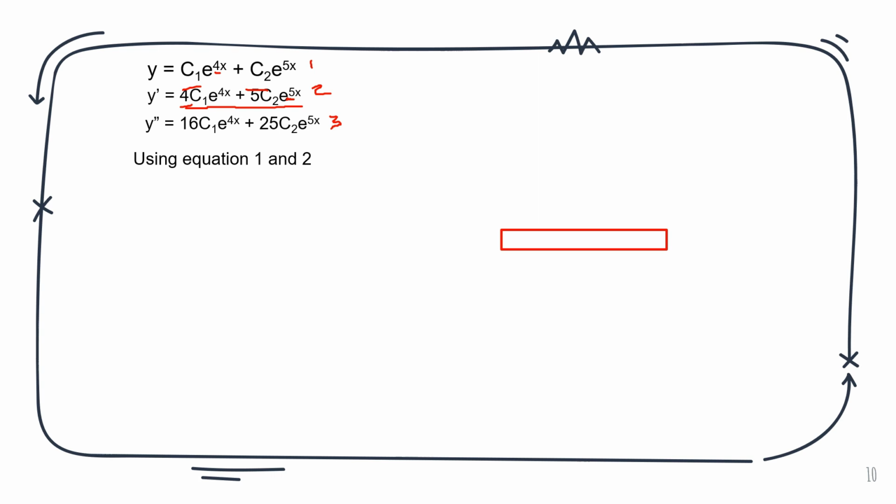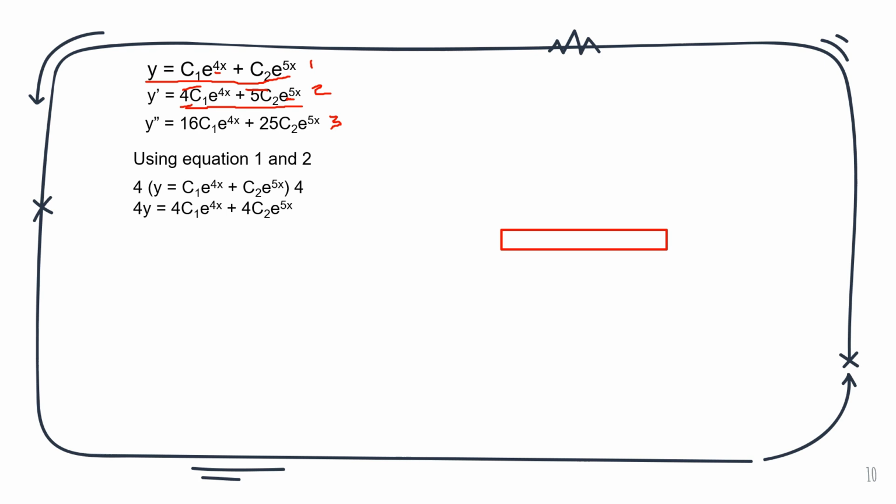So, using the first and second equation, para matanggal natin si c1, ang gagawin natin ay mumultiply natin by 4 itong buong first equation. So, ang mangyayari dyan ay magiging 4y is equal to 4 times c1 times e raised to 4x plus 4 times c2 times e raised to 5x.